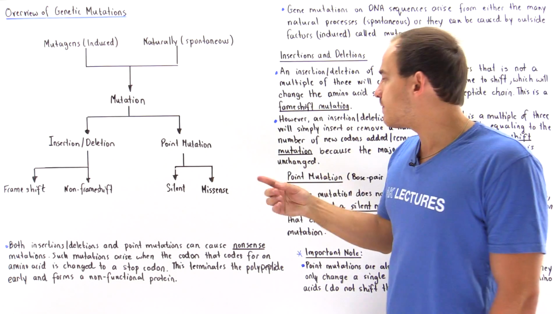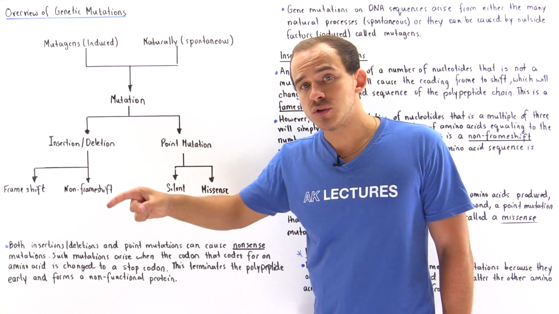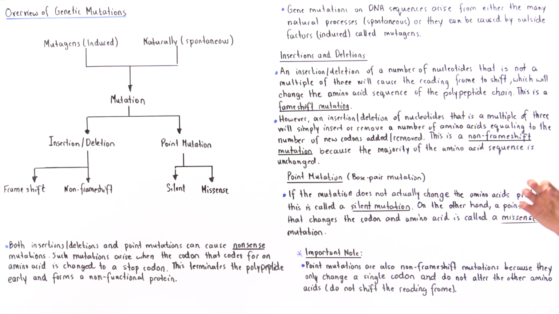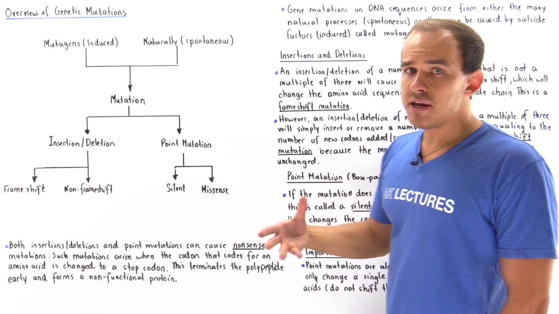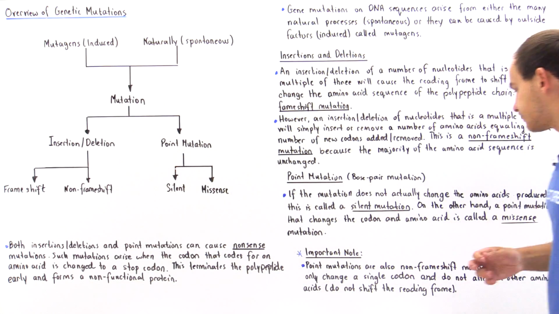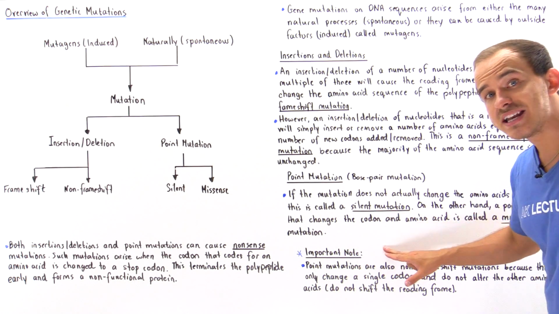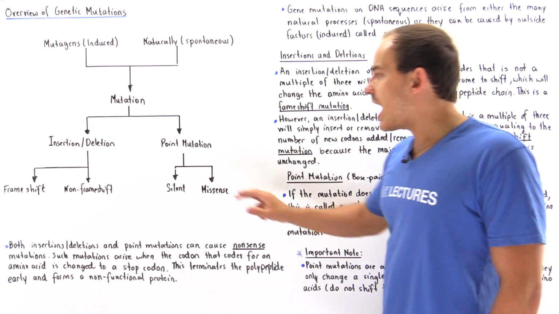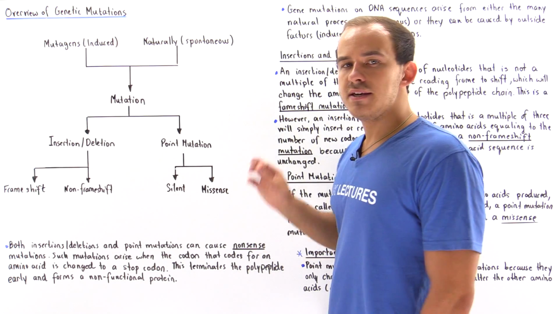So if we have a point mutation that forms a new codon, and that new codon still codes for the same exact amino acid, then we know that this is a silent mutation because the same exact amino acid sequence will form. On the other hand, a point mutation that changes the codon and the amino acid that is produced is known as a missense mutation. So we have two types of point mutations. They can either be silent or they can be missense.